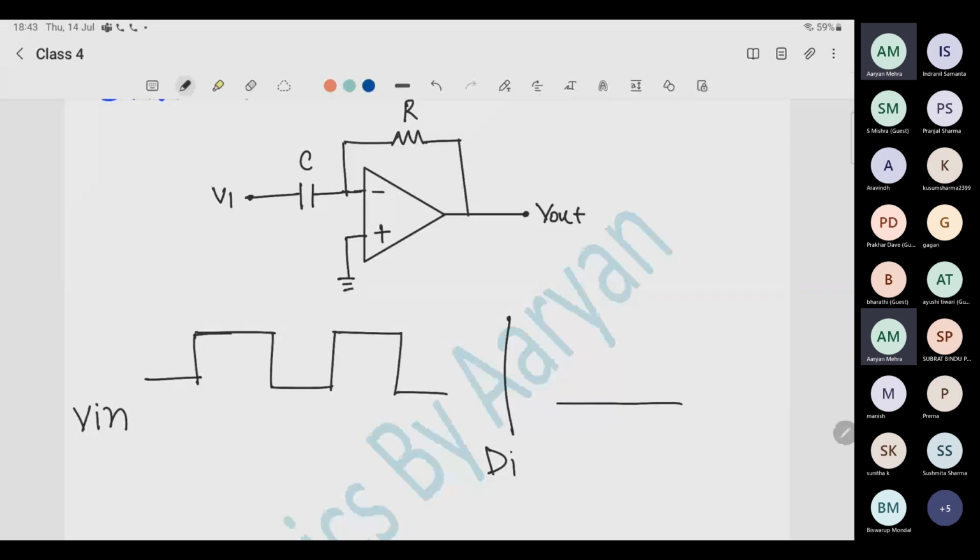What is the voltage here? Constant. Yes, constant voltage. If I differentiate a constant number, what do I get? Zero. You get zero. So your signal is like this.